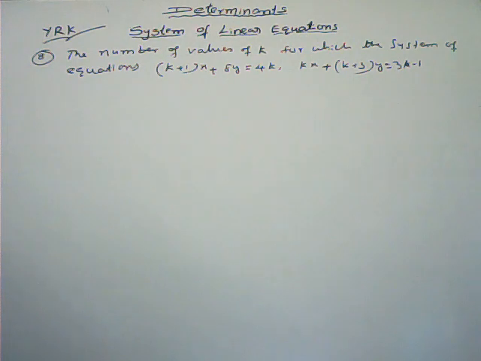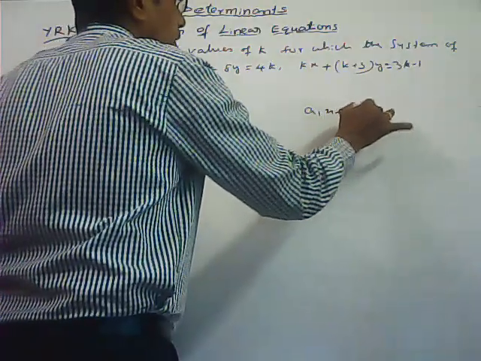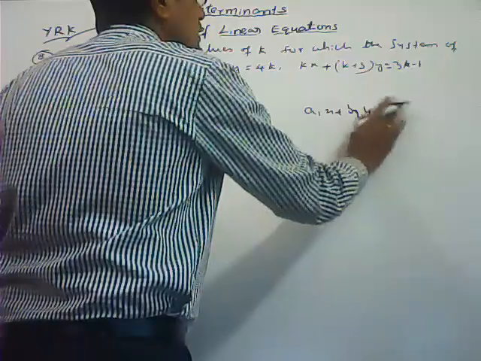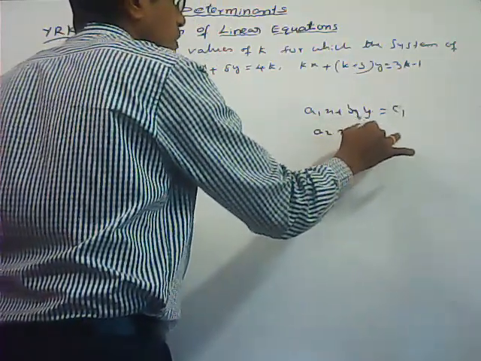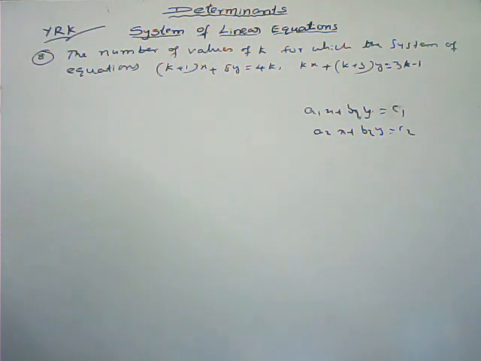Here, linear equations in two variables are given: a1x plus b1y is equal to c1, a2x plus b2y is equal to c2. Two linear equations in two variables.